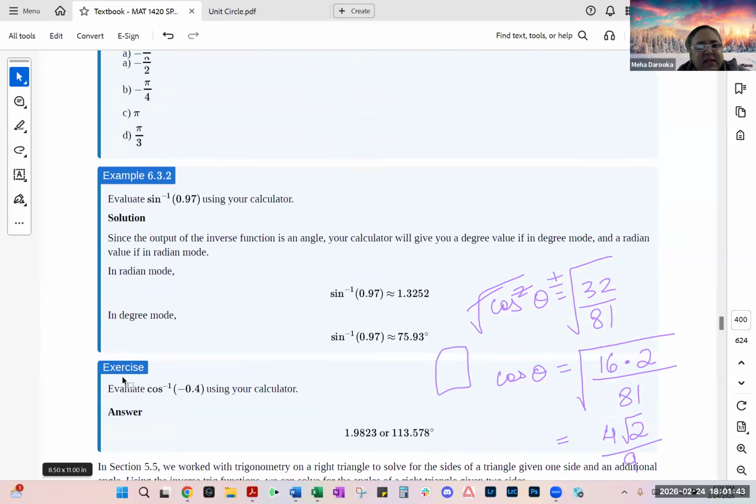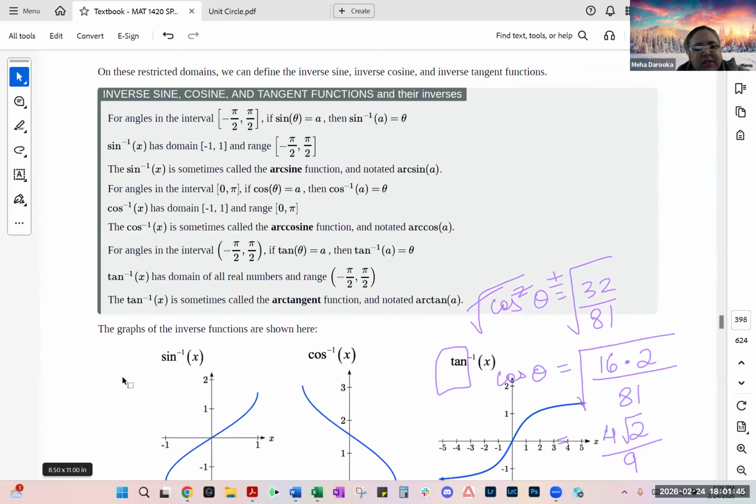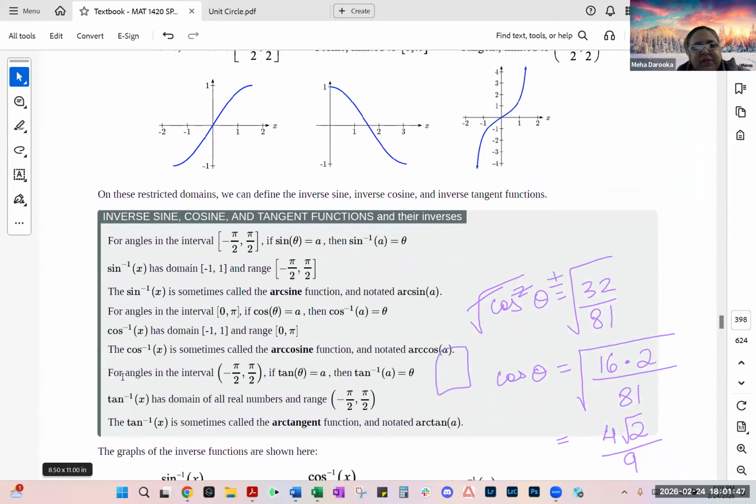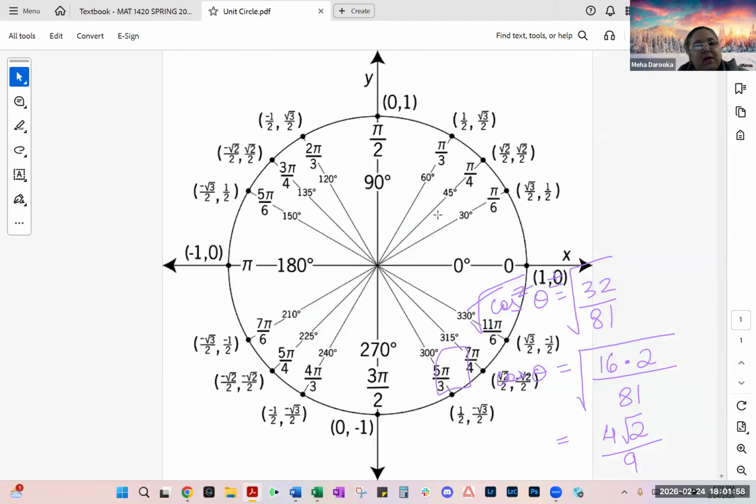Okay, so for the sine inverse function, which is on the inside, your range actually is going to be between negative pi halves to positive pi halves. So that's, of course, going to be quadrant 1 and quadrant 4, right? But since the cosine function can only be between 0 and pi, that actually tells you you're looking at a quadrant 1 value here.